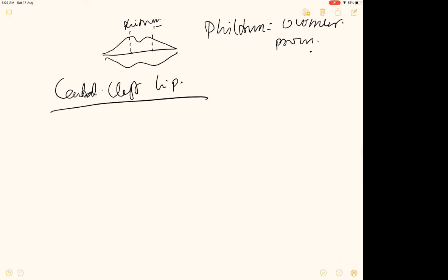Now the final two parts. These are all the things that we have discussed. Now let us talk about the final part of these features. How does a hard palate form? As I've said, the hard palate forms from the premaxilla plus both palatal processes. Please remember that the premaxilla is the most important thing.